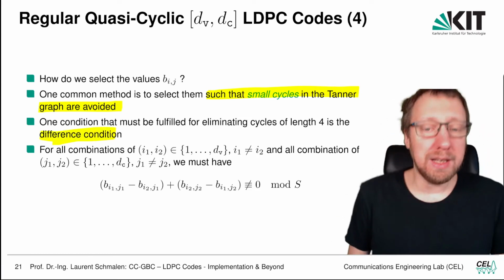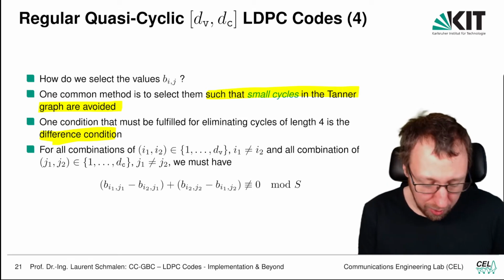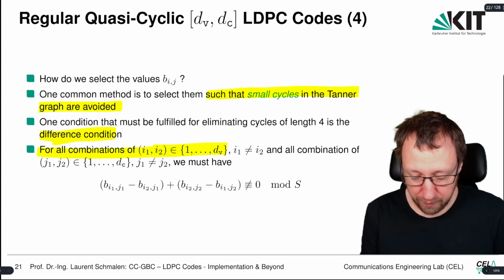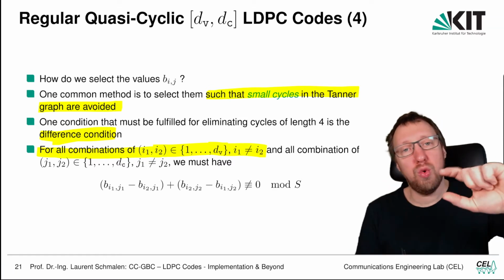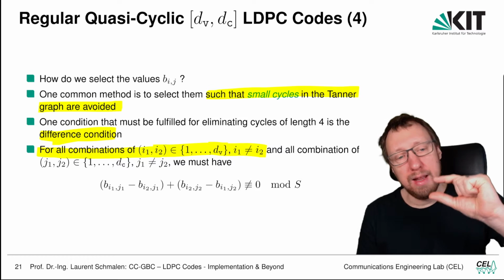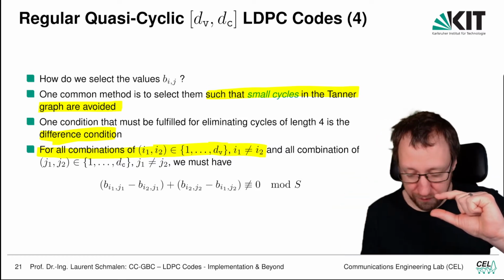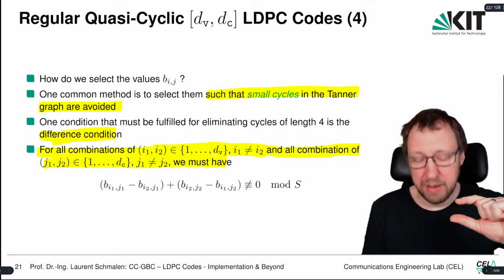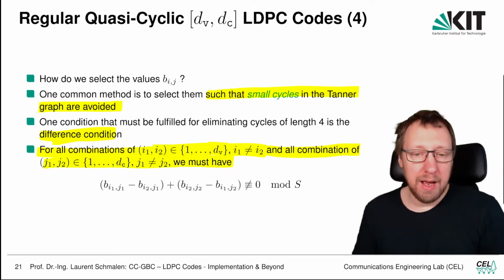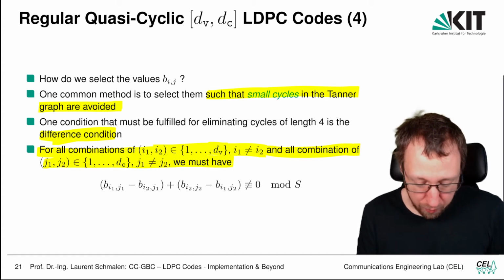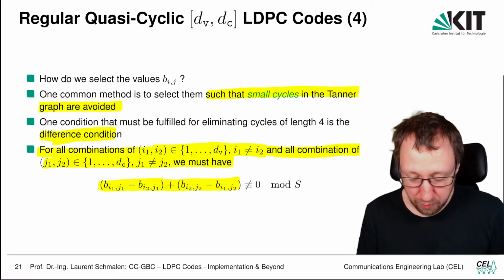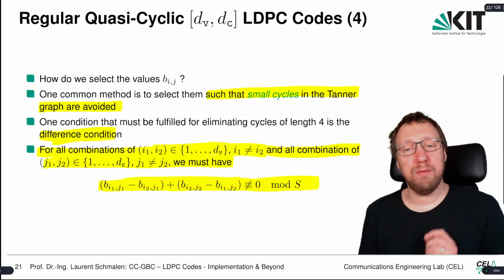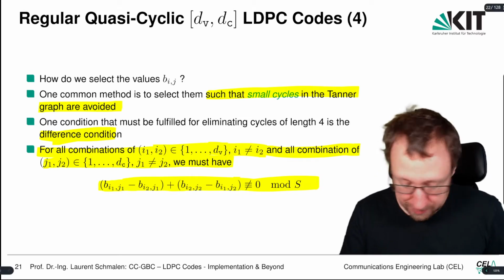So we have no cycles of length 4 if, for all combinations i1, i2 from 1 to dv that are different, essentially we choose 2 rows of the parity-check matrix, and then we choose 2 columns, j1 and j2, and again we need to do this for all possible combinations of 2 rows and 2 columns, then we must have that b_i1j1 minus b_i2j1 plus b_i2j2 minus b_i1j2 must be different from 0 modulo s. That's the difference condition.